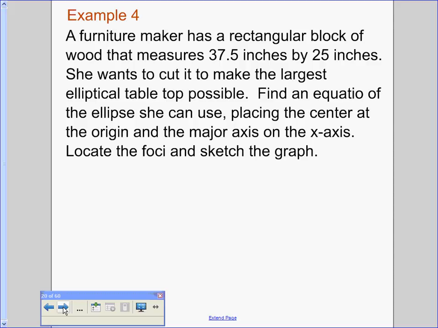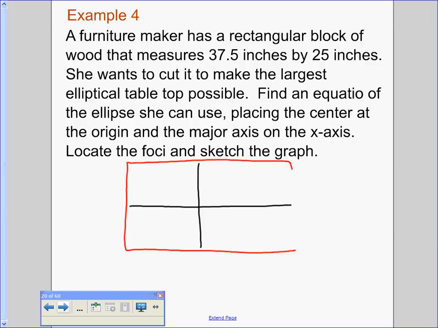So what we're trying to do is really maximize this. So if we think about this on a graph, to start out, it might help us. Let's put that in the center. And what we have is that this is 25 inches, and this is 37.5 inches.